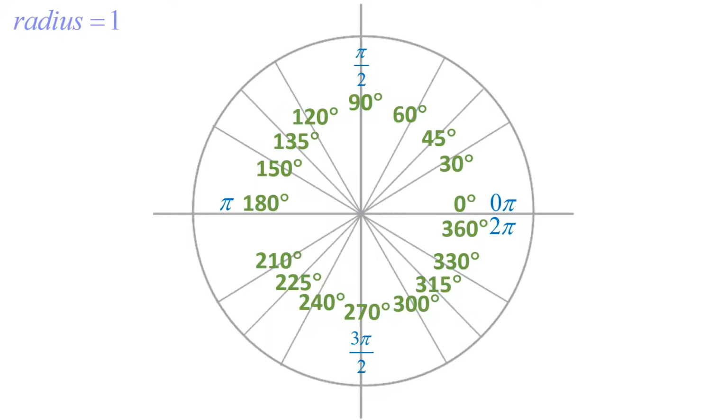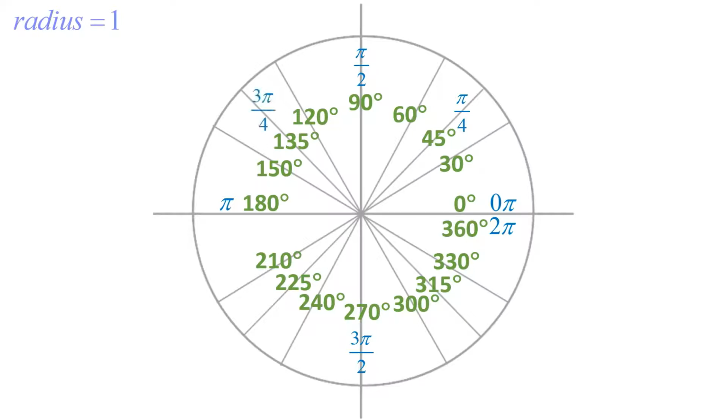In quadrant 1, half of pi over 2 is pi over 4. If I take pi over 4 plus pi over 4, that's 2 pi over 4, which happens to already be pi over 2 in reduced form.